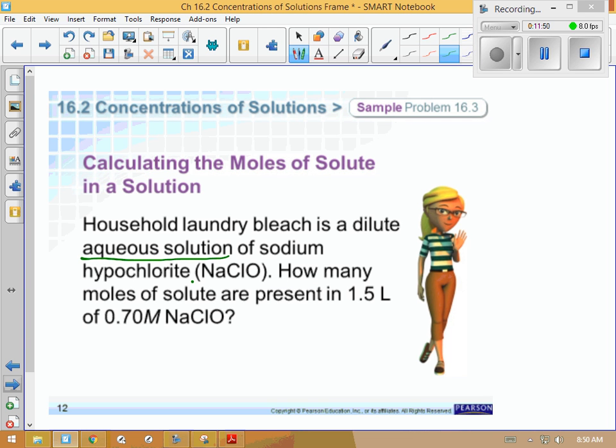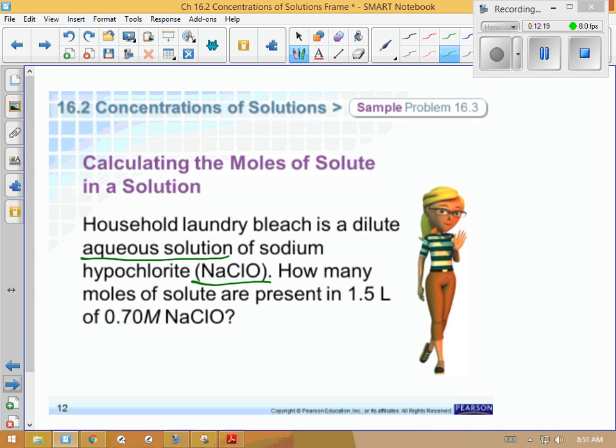When we have an aqueous solution, that means that the solvent is water. And that means that sodium hypochlorite is what we put in the solution, and we call that the solute. Exactly. This is the solute. How many moles of solute, that's what we're solving for, are present in 1.5 liters of a 0.7 molar solution of NaCl?